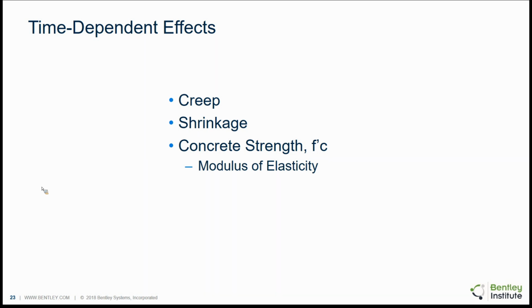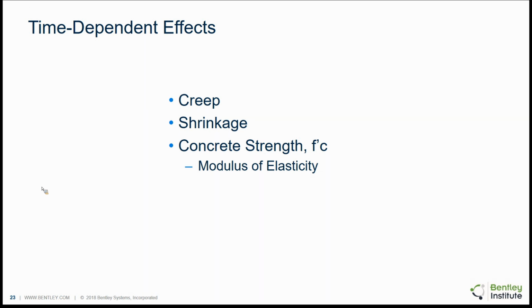Shrinkage, on the other hand, that's a function of, in particular, the water content of the concrete. And as the concrete hydrates, the members shrink. There's a reduction in the volume over time.